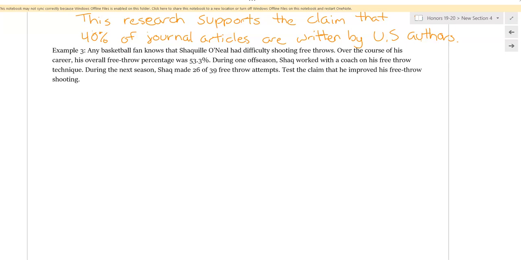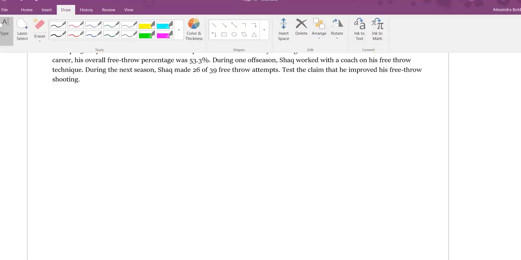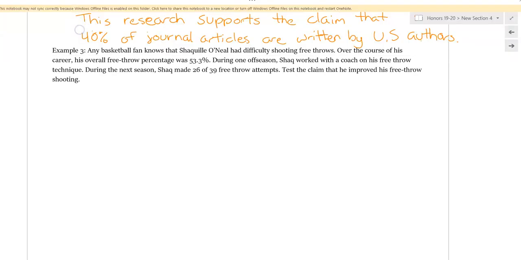During the next season, Shaq made 26 of 39 free throw attempts. Test the claim that he improved his free throw shooting. So we have to decide if this is qualitative or quantitative. What's the question that it's asking? Well, either made his free throw or didn't make his free throw. Made or didn't make. That's qualitative. It's not a number there, okay? So this is qualitative.